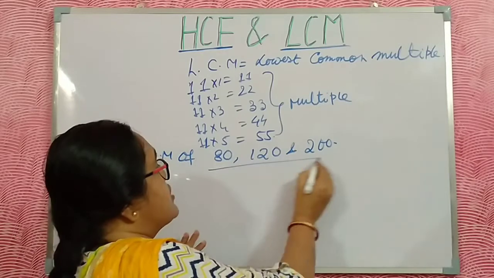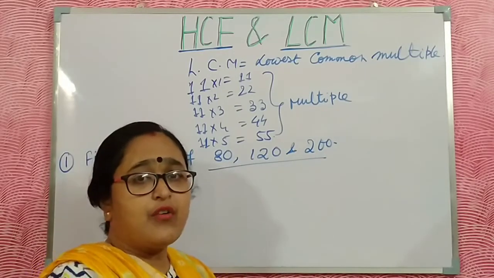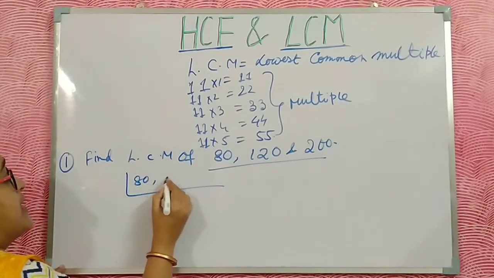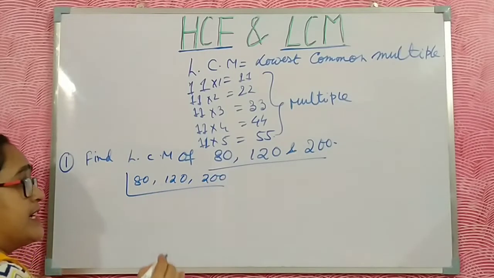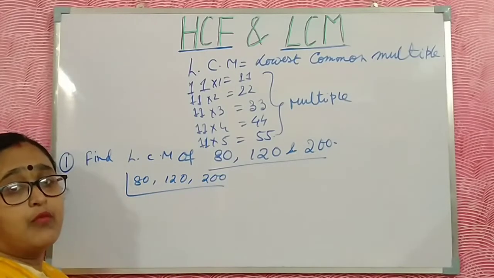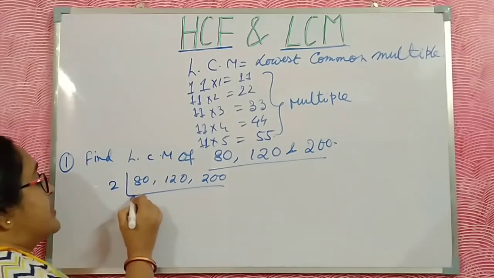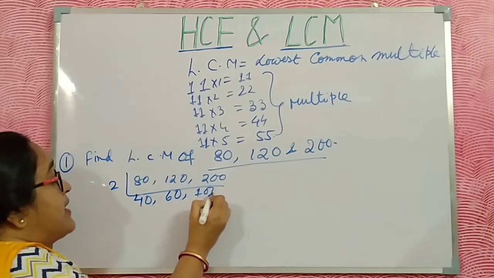You just take 3 numbers at a time. I discuss this process now. First I divide by any common number which can divide these 3 numbers. This gives 40, 60 and 100.